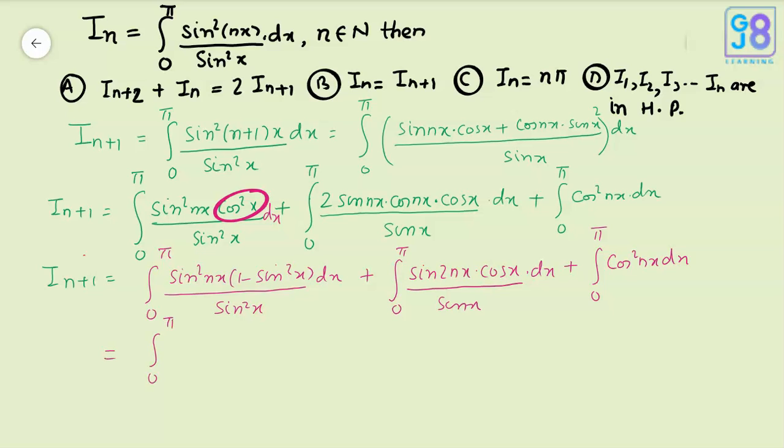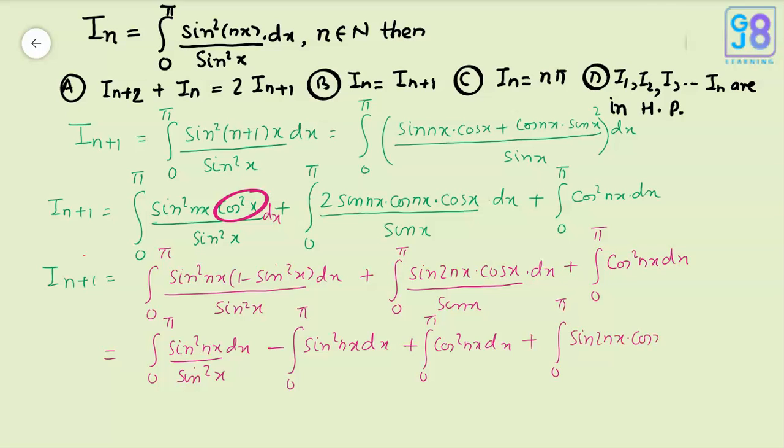So the first integral will now become integral 0 to pi sine squared nx over sine squared x, and then the sine squared x terms get cancelled, so we'll have minus integral 0 to pi sine squared nx dx, and then to this we combine integral 0 to pi cos squared nx dx, and then plus integral 0 to pi sine 2nx times cos x over sine x dx.